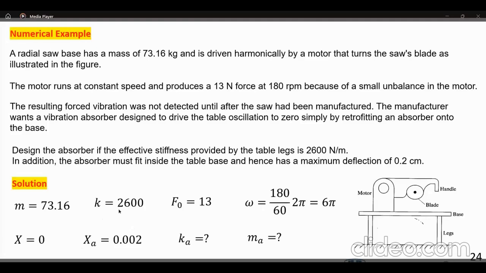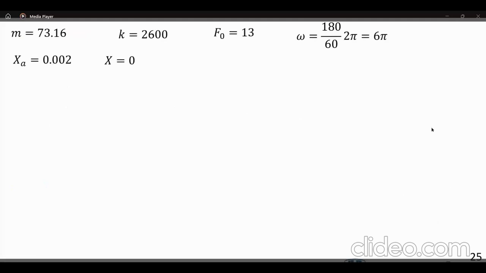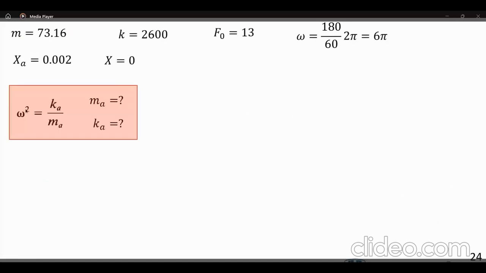The other one is for the absorber, which is K2, and we decided to call it Ka. So this is for the legs of the table on the machine. This is for that spring that we are trying to design. Omega squared is Ka over Ma.